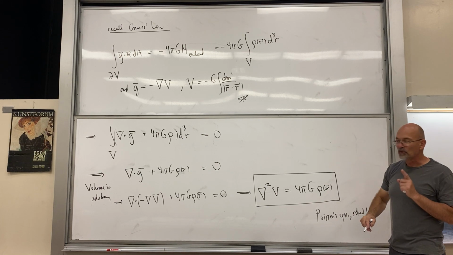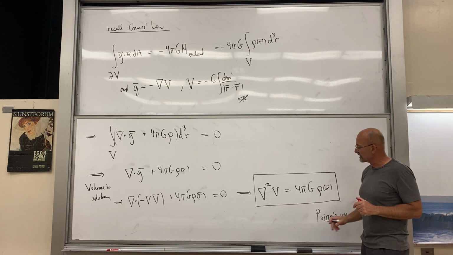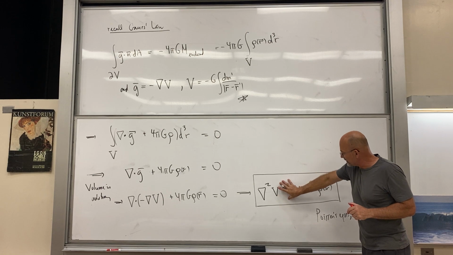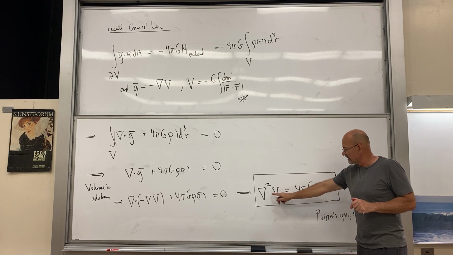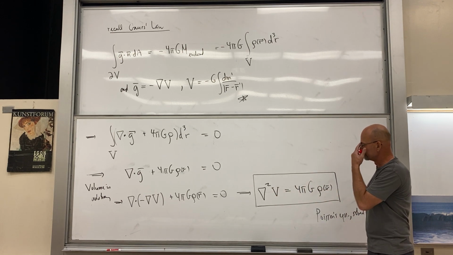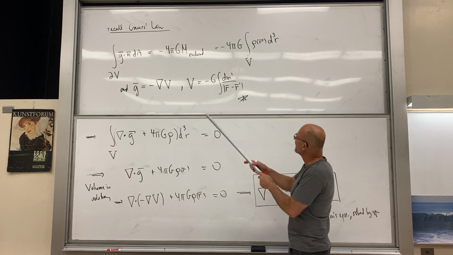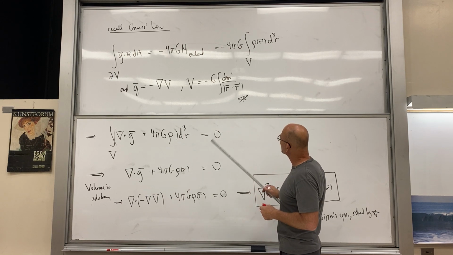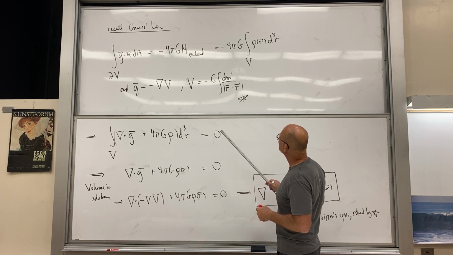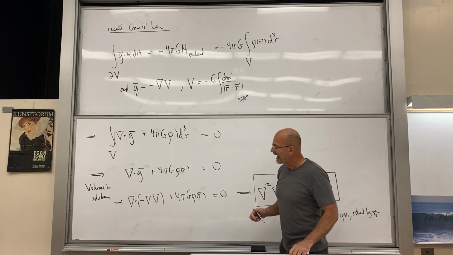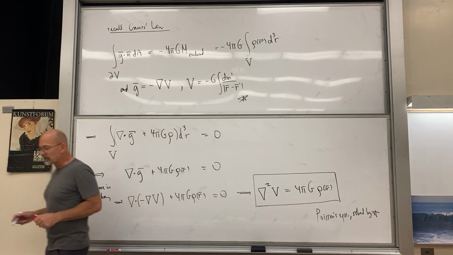So that's another approach to gravitational theory. You solve this partial differential equation and obtain the potential. Okay. Good. So that was a nice little application that ties actually a lot of stuff that we've done together. Good. So that will end our discussion of gravity for now.